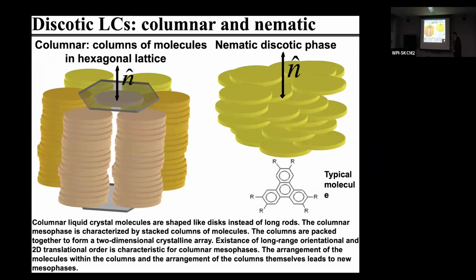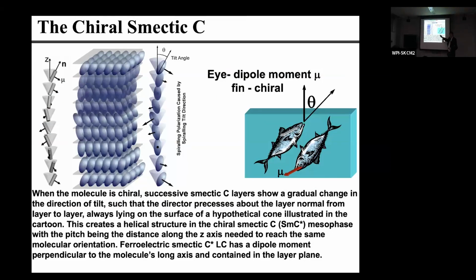So up to now, we looked at either three-dimensionally fluid liquid crystals or liquid crystals with one-dimensional quasi-long-range positional ordering. And I should clarify in here why I always say a disclaimer, quasi-long-range positional ordering, right?